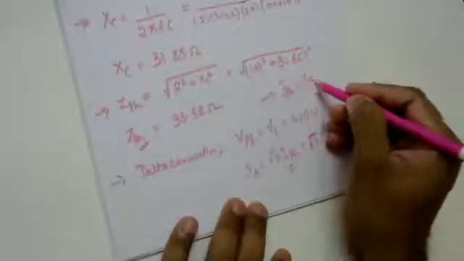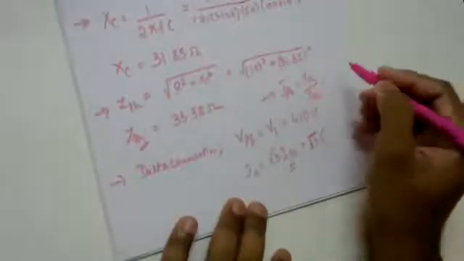So how to compute this? Since I know the impedance of each phase, I'm just going to apply Ohm's law. I phase is equal to V phase divided by Z phase.